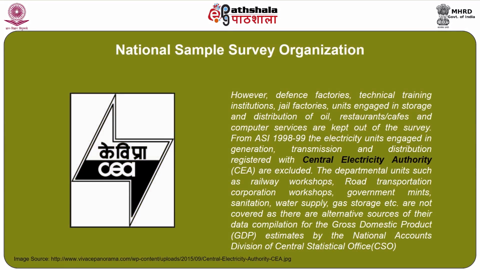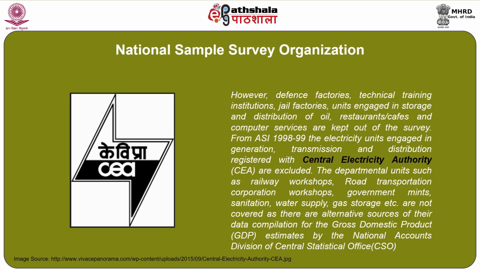However, defense factories, technical training institutions, jail factories, units engaged in storage and distribution of oil, restaurants or cafes, and computer services are kept out of the survey. From ASI 1998-99, the electricity units engaged in generation, transmission and distribution registered with the Central Electricity Authority (CEA) are excluded.